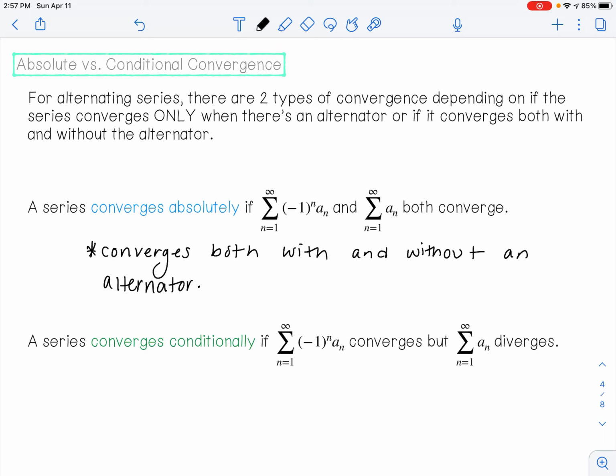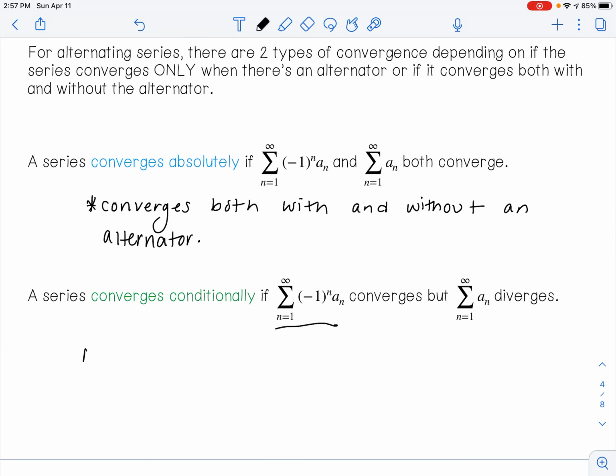A series converges conditionally, however, if the alternating series converges, but the normal series without the alternator does not converge. So it converges conditionally if only the alternating series converges.